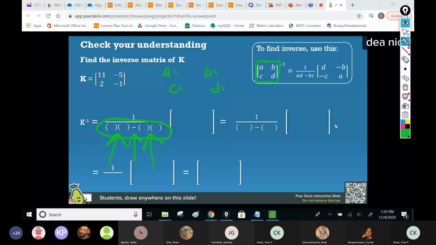So be very careful. All right, so A is 11, B is -5, C is 2, D is -1. Now you're going to plug it in according to the formula that I gave you on the upper right. Plug those numbers in.